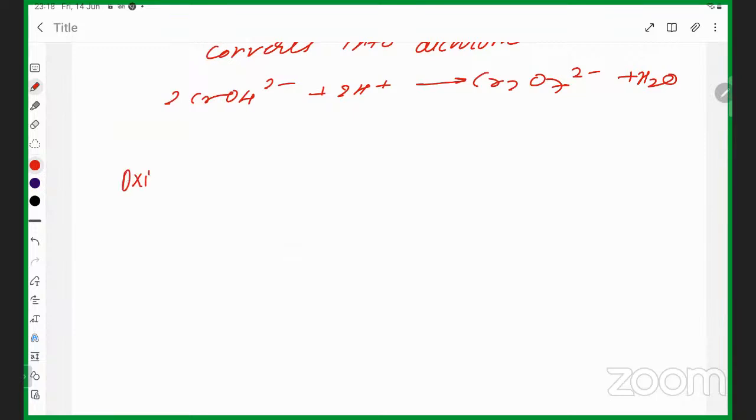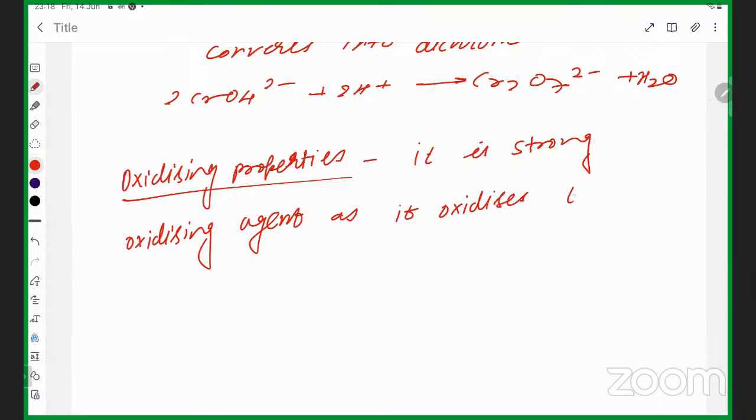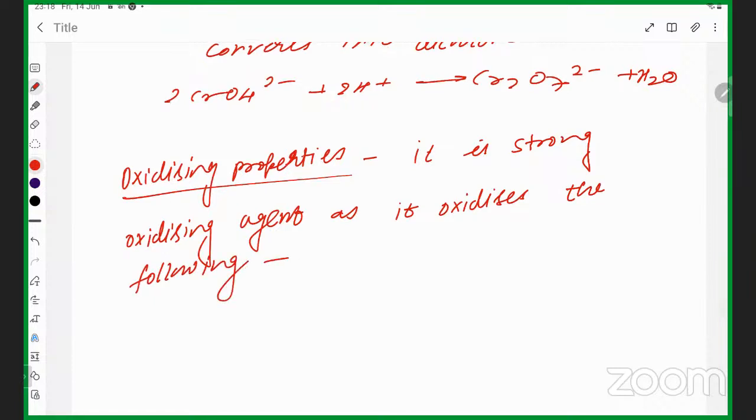Oxidizing properties. It is a strong oxidizing agent. So how can you say it oxidizes the following ions?